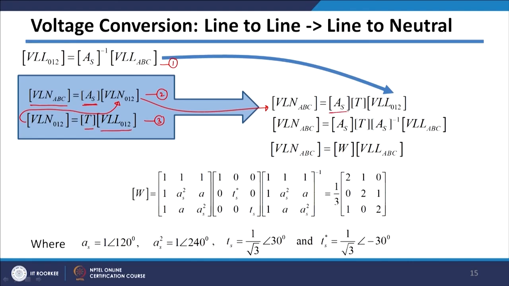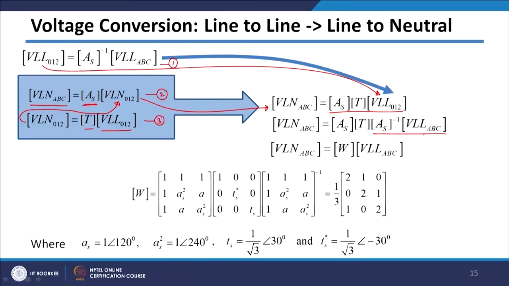Then this VLL 012 I can put here from expression number 1, and in that case it will be AS inverse multiplied by V line to line ABC.